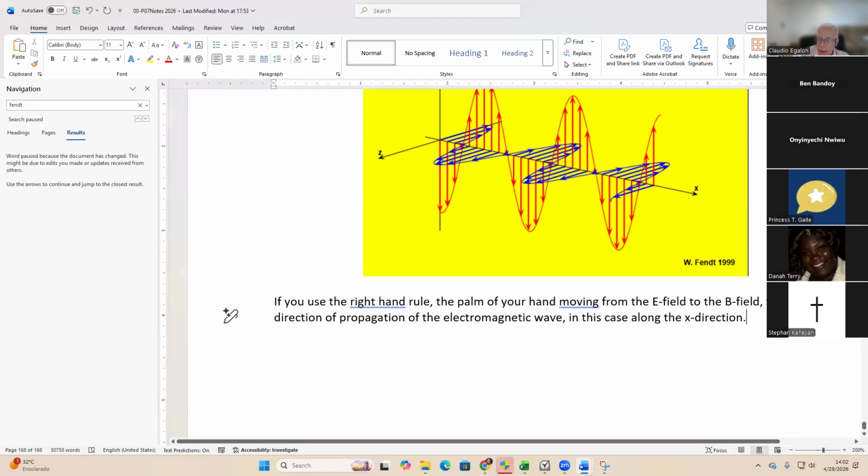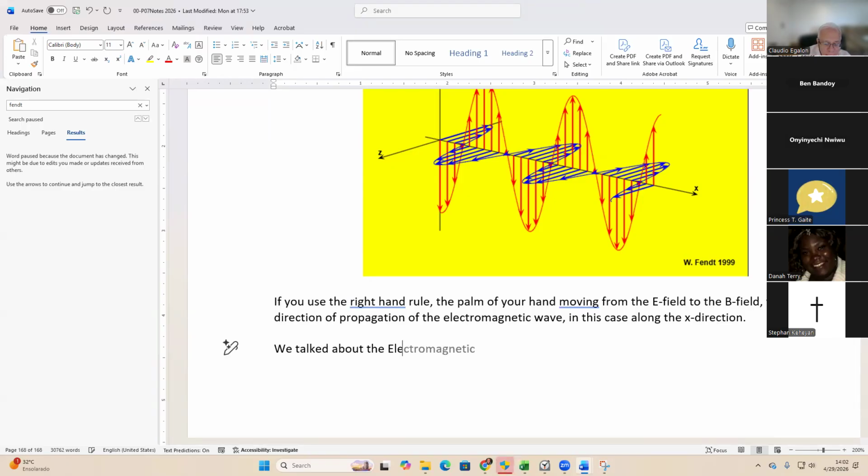Okay, and we talked about the electromagnetic spectrum as well. The type of electromagnetic wave depends on the wavelength of the wave.